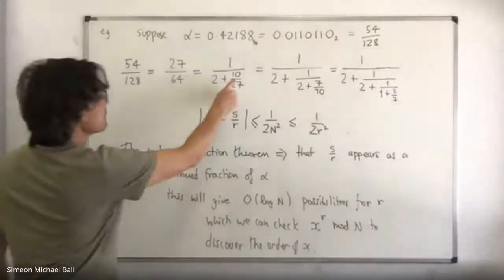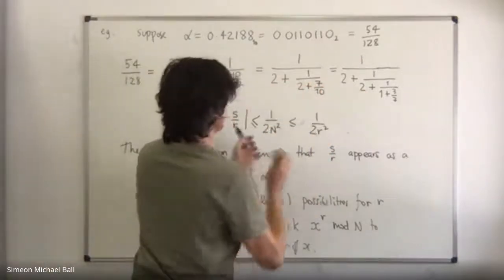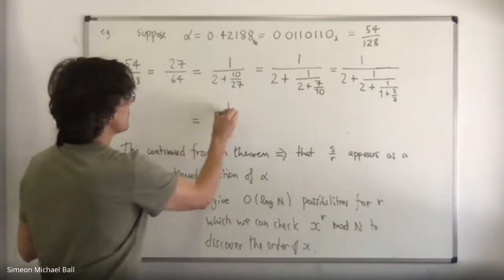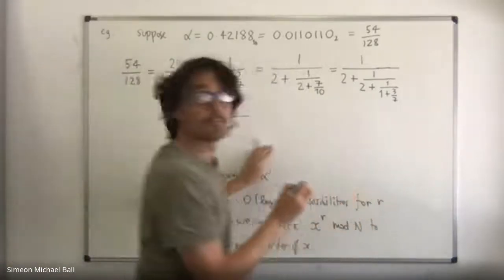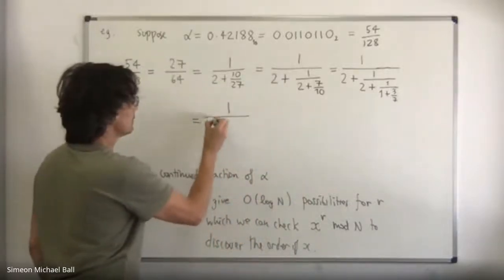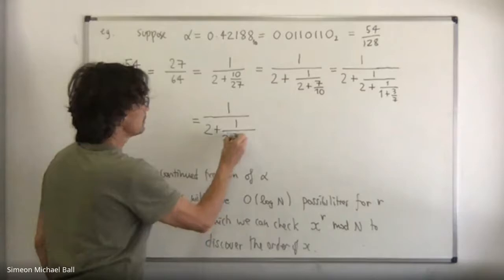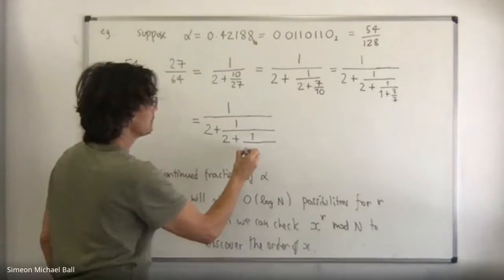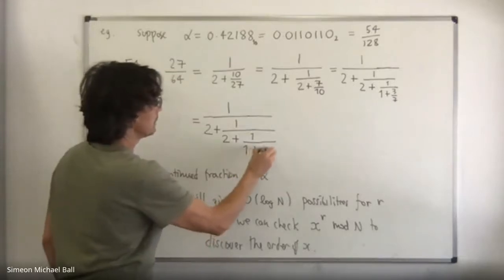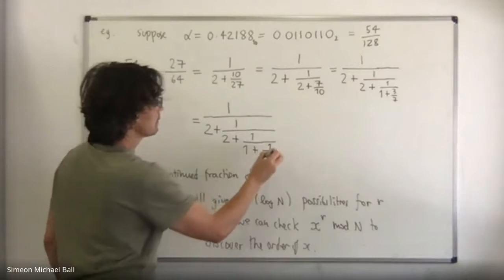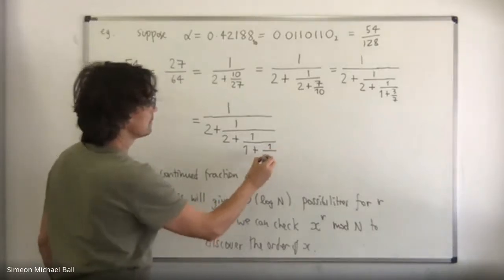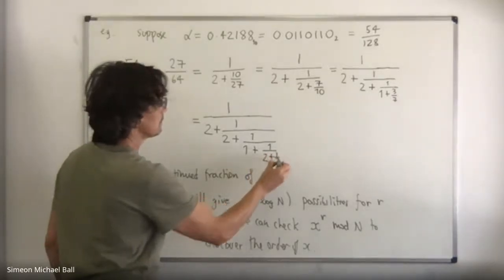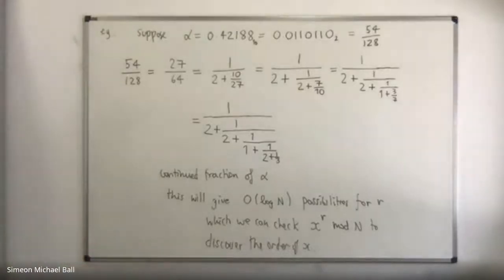And you can see the numbers here going down: 10, 7, 3, and now it stops.